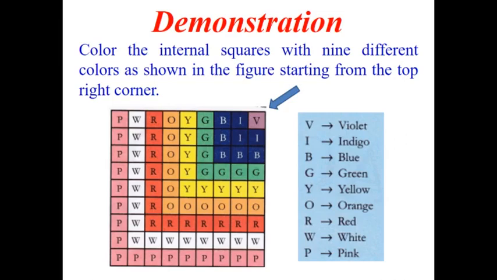So first one square is colored as violet, then 3 squares are colored as indigo, then 5 squares colored as blue, then 7 squares are colored as green, then 9 squares colored as yellow, then 11 squares colored as orange, then 13 squares colored as red, then 15 squares colored as white and 17 squares colored pink.